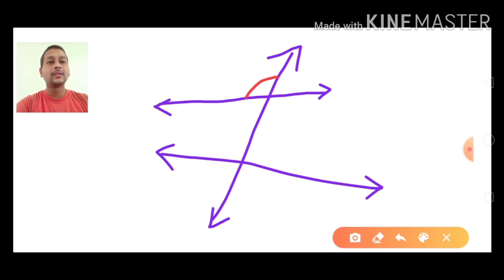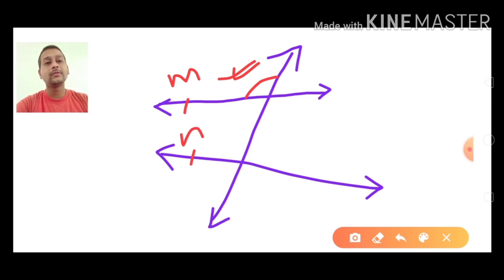Say the lines were M and N. This angle is above the line, so we have to take another angle which is above the line, belongs to N, and is on the same side of the transversal.